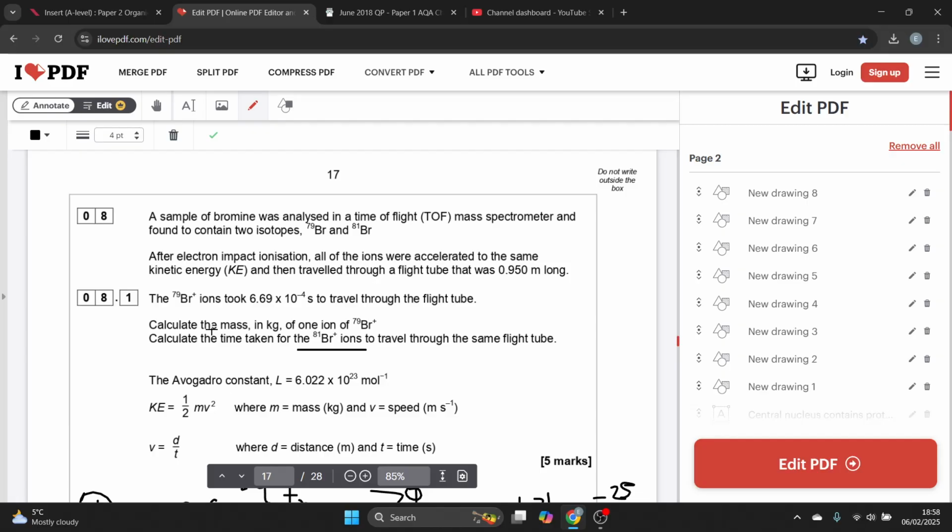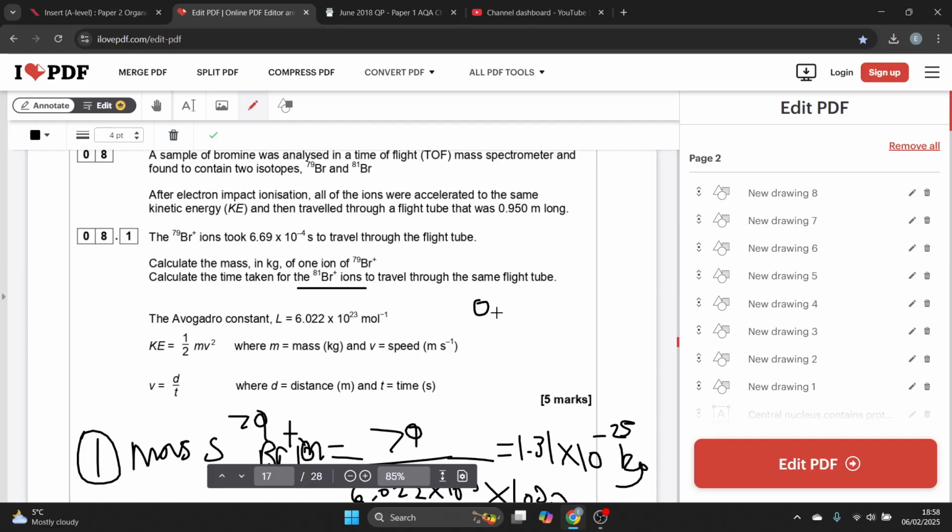Velocity is the square root of 2KE, so it'd be 0.95 divided by the square root of 2 times KE. Yeah, that's the problem. I don't have KE, so my method wouldn't work anyway.